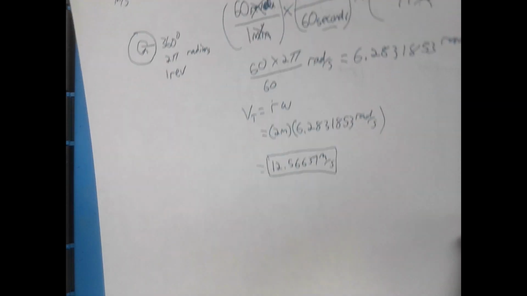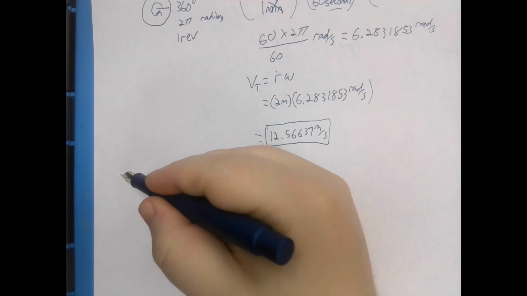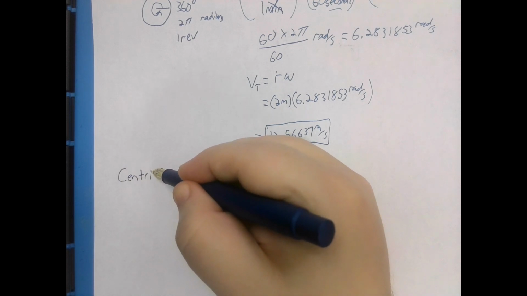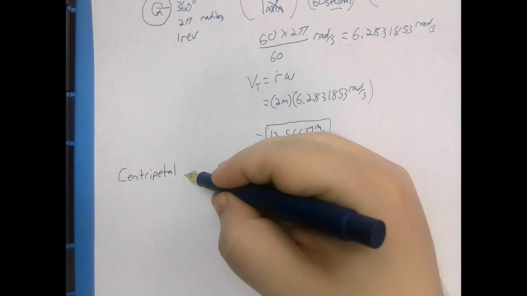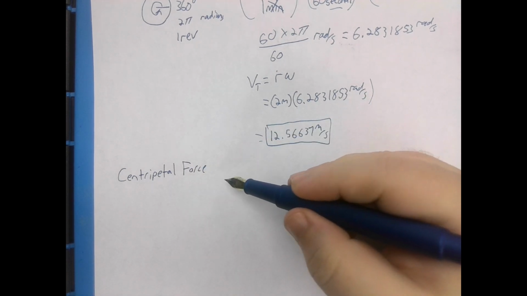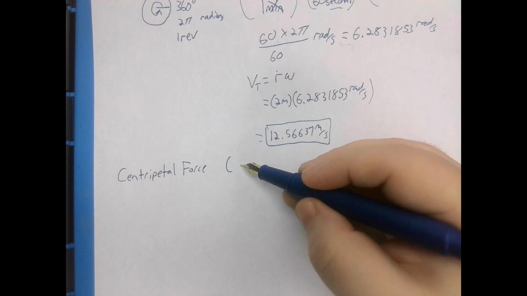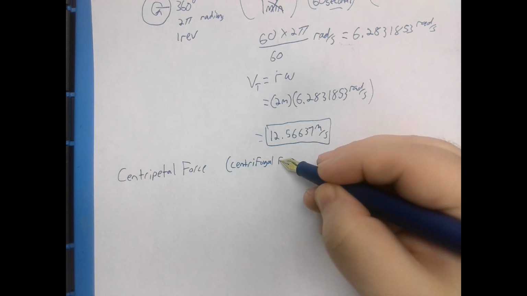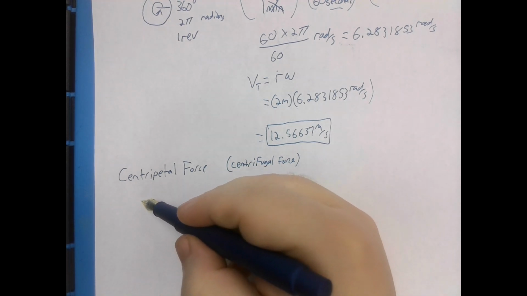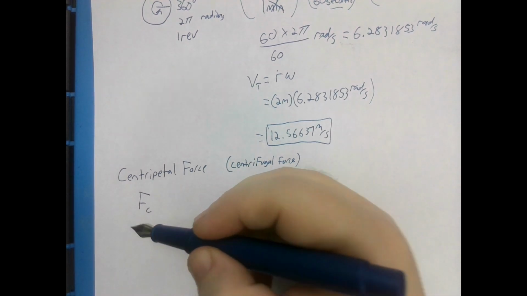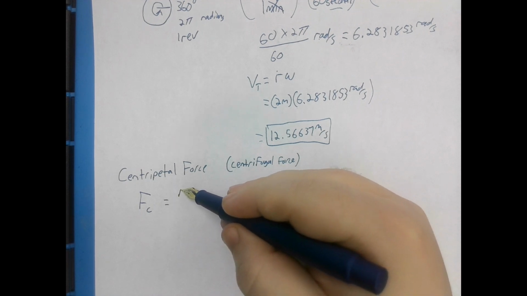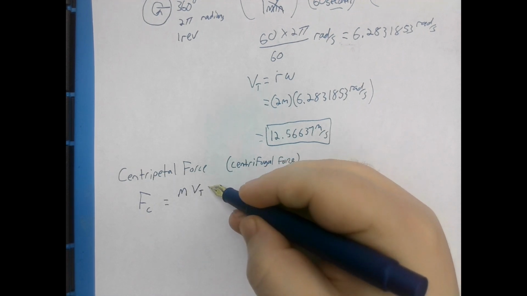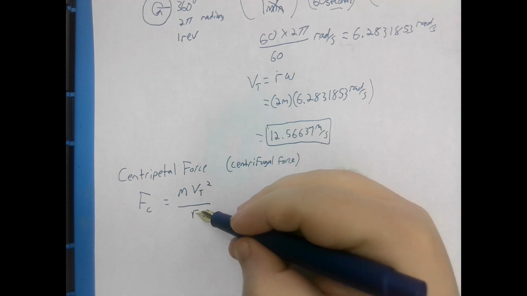Our other major equation is centripetal force. Note that if you were to go into a rotational frame of reference, the force would be outward going. It's the same equation for centrifugal force. They're both equal. And that centripetal force or centrifugal force is equal to mass times your tangential speed squared over your radius.